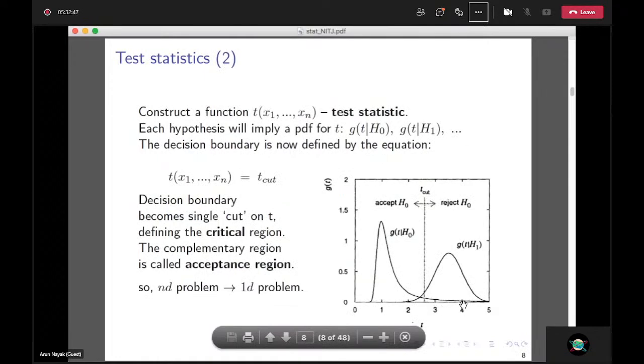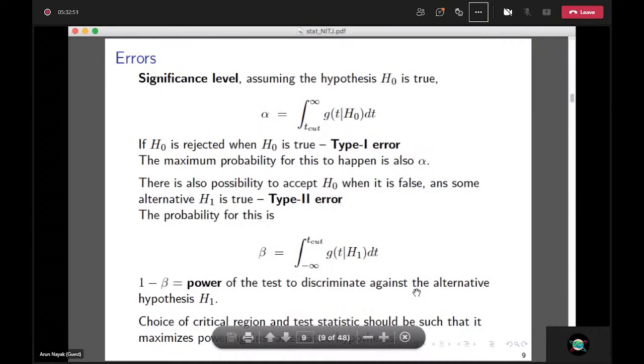So the region below this curve, above this t cut. If alpha is very small, below a certain threshold, then we reject H0.